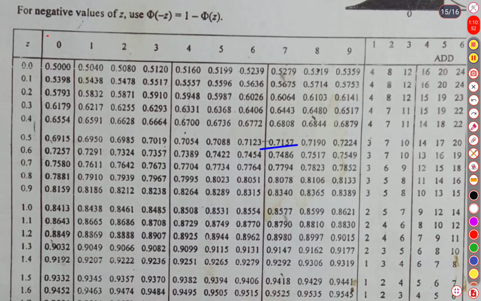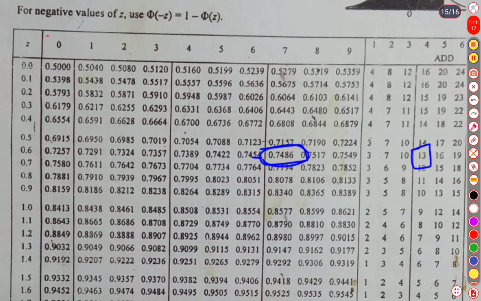So 0.7486, and we require 15. If we add 14, sorry, we will have to add 13, then it will be closer. If we add this 13, it is going to be almost 0.75.